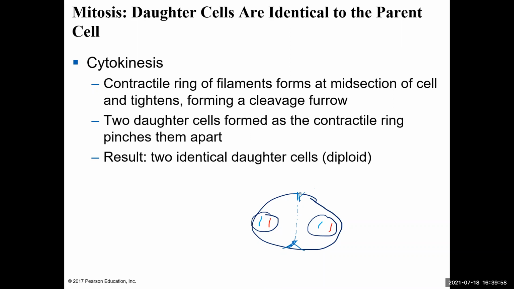And so that ring will continue to contract and get smaller and smaller. And you end up with a cleavage furrow in this area. And basically, over time, that contractile ring will pinch those two cells apart. And so what you end up with, right, is two daughter cells with identical chromosomes.